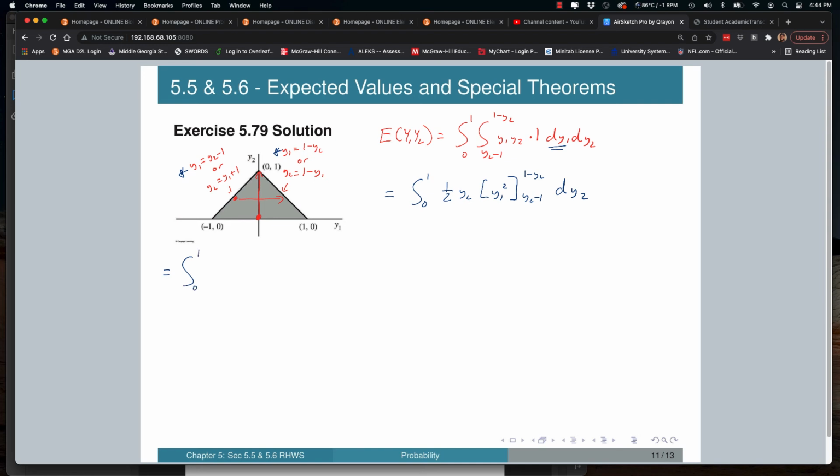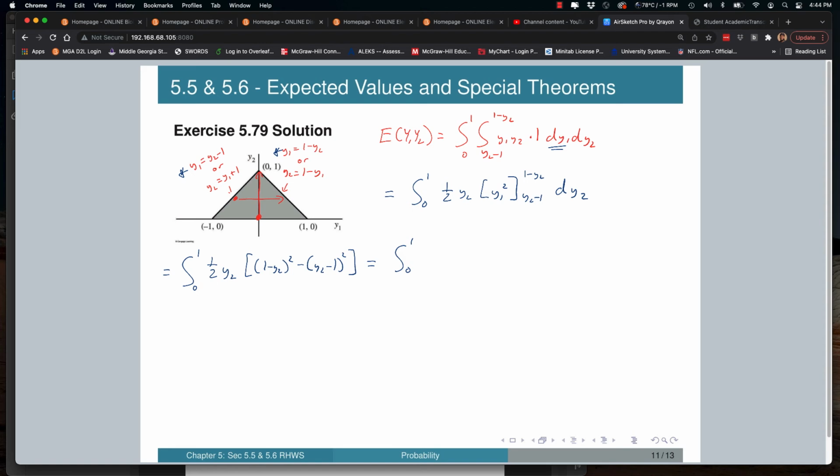So this outer integral is still 0 to 1. I got 1/2 y sub 2. And then inside here, I'm going to get 1 minus y sub 2 quantity squared minus y sub 2 minus 1 quantity squared. Turns out that this is not going to be so bad. We're going to get a pretty simple answer in the end.